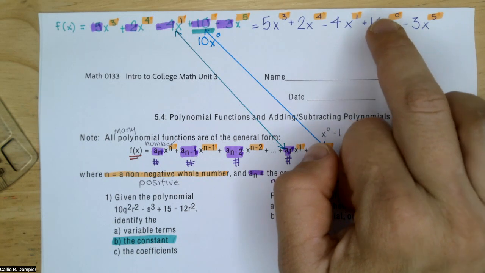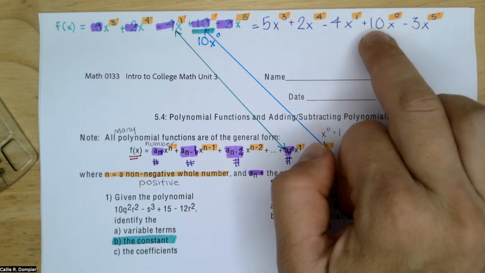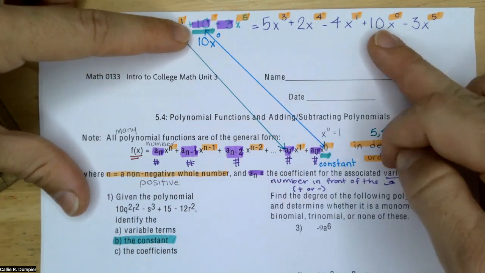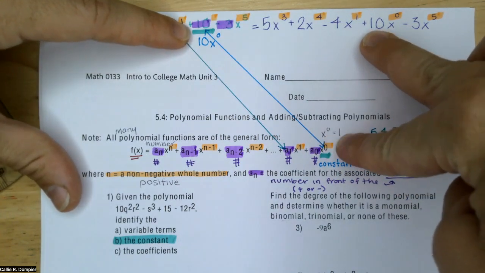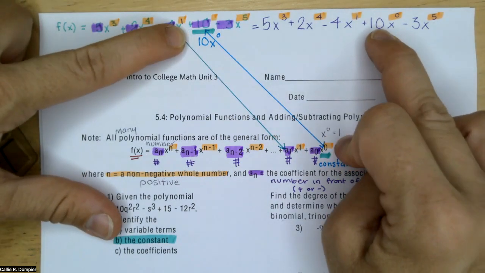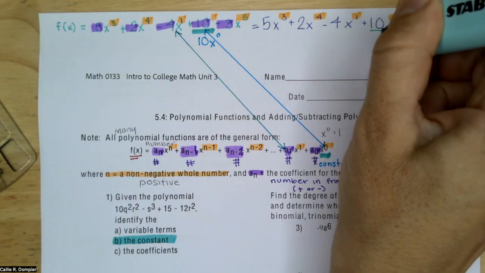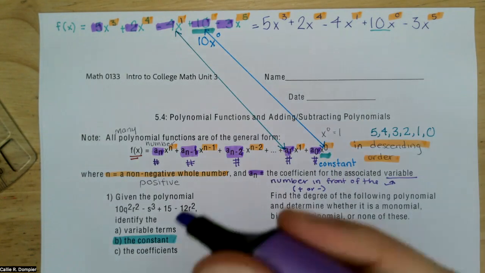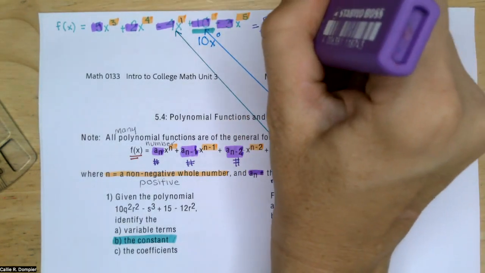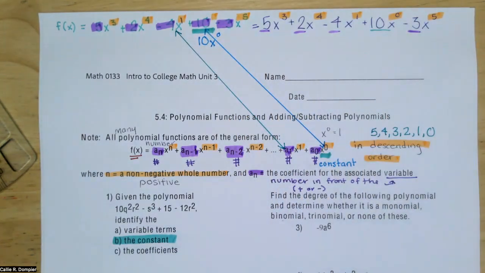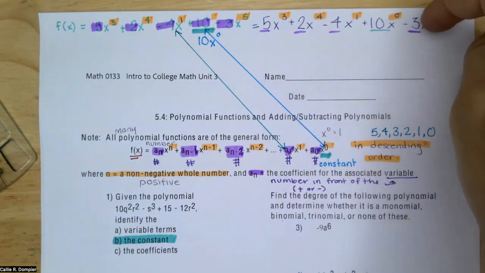It's a constant if it's not being multiplied by any x value. And remember, x to the power of 0 is 1, so that's not really an x value, so that's the constant. Constant, coefficient, coefficient, coefficient, coefficient, and obviously exponent, exponent, exponent, exponent.